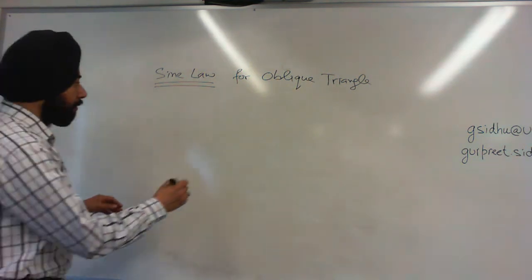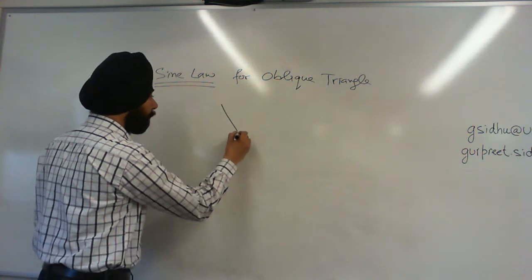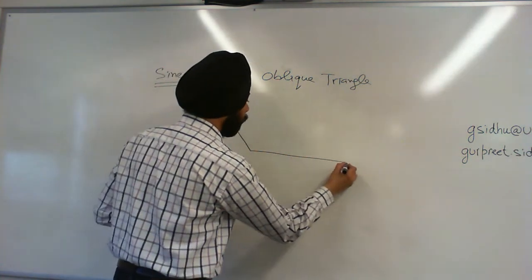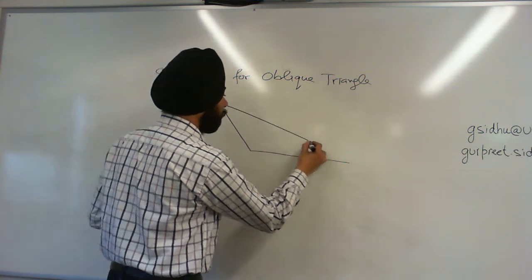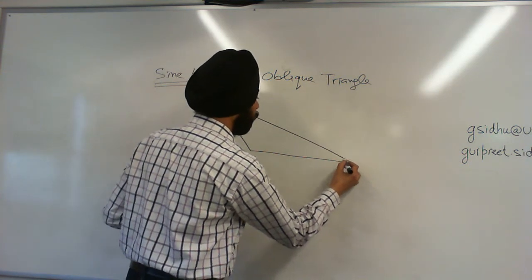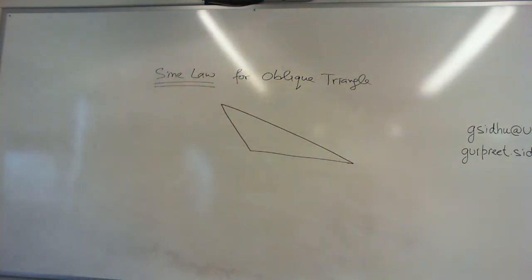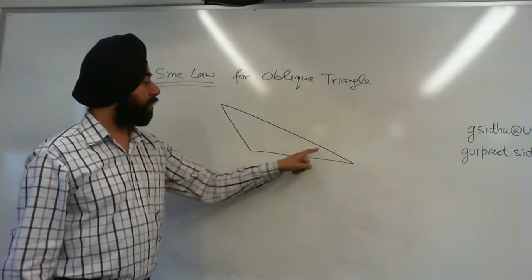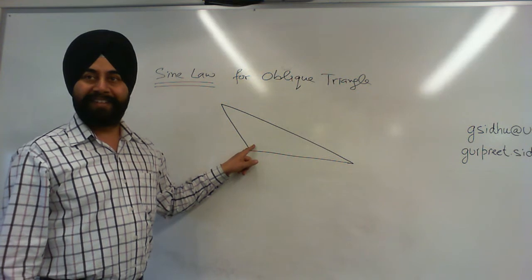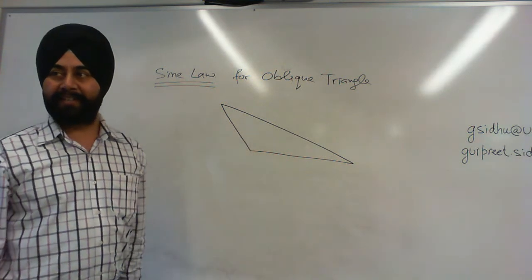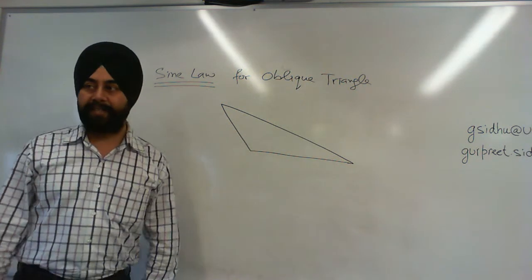Let's say that this is the triangle. And you can see that there is no angle that is 90 degrees, right? So this is not a right angle triangle because you don't have any angle that is 90 degrees.